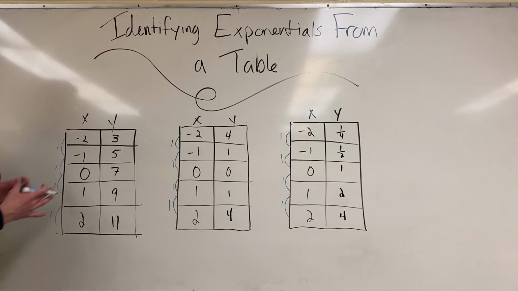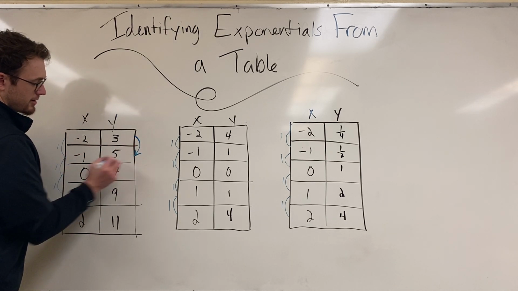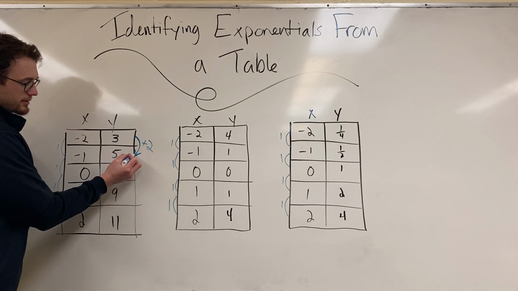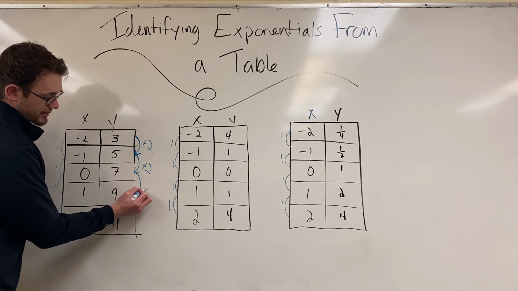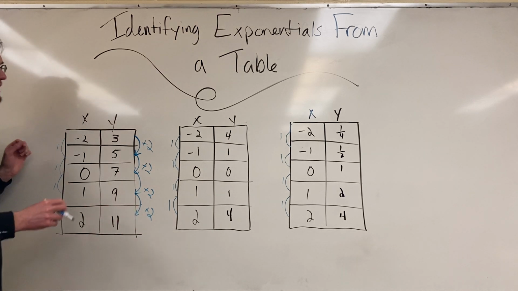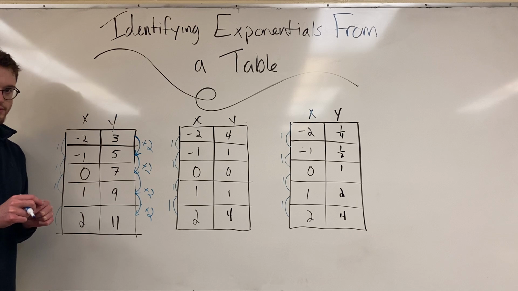So next thing you check, okay, this one, I need to find out, is it exponential? Is it not exponential? So what is the change there? The change there is I added 2. Addition and subtraction are linear.